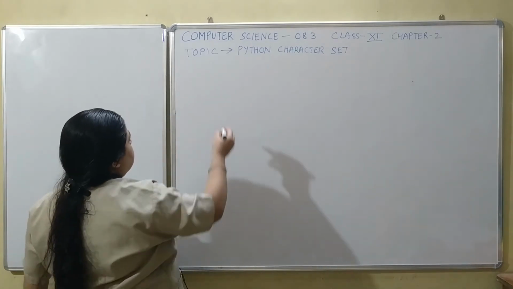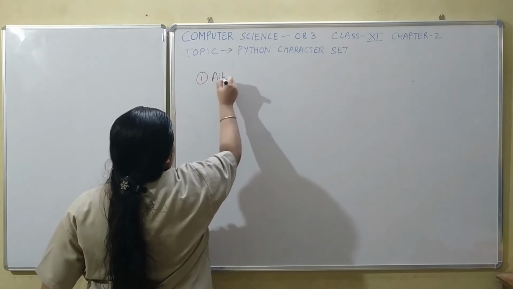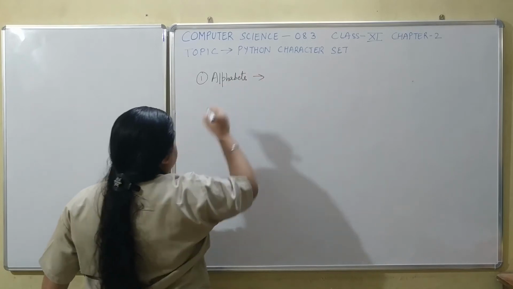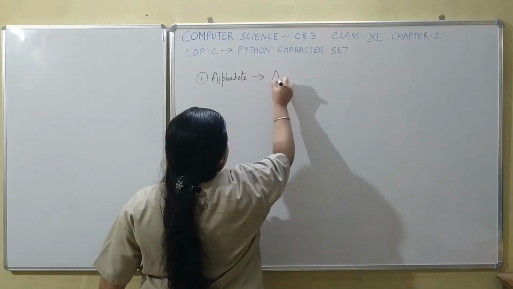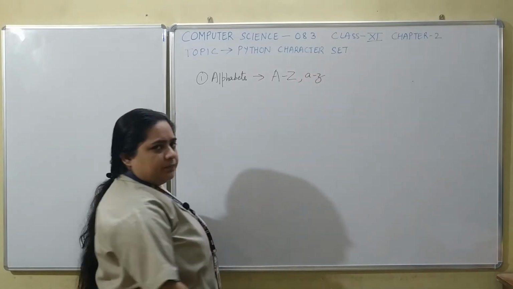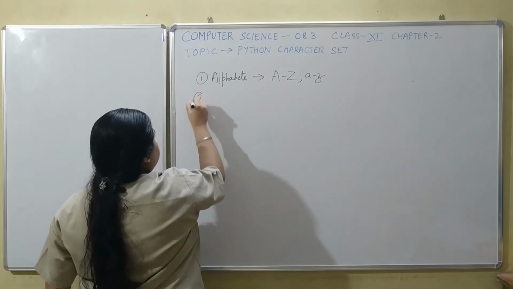Starting with number 1, we have the alphabets. These alphabets are available to us in capital letters and also in small letters. So you can see capital A to Z and small a to z.